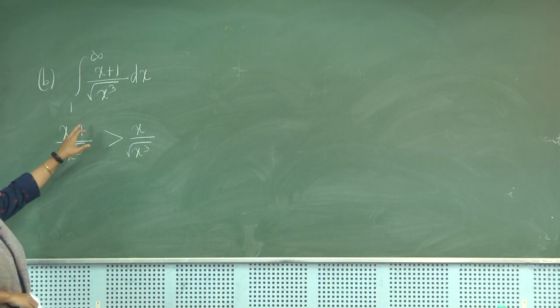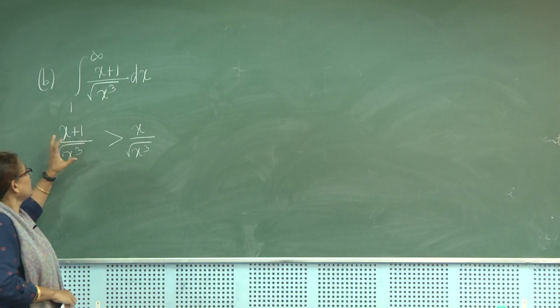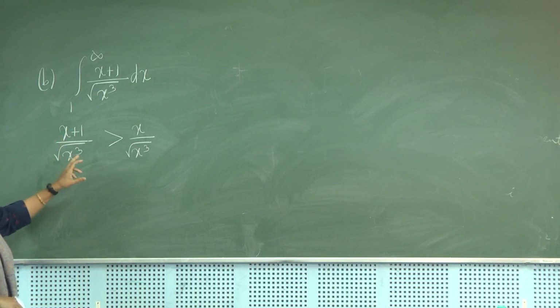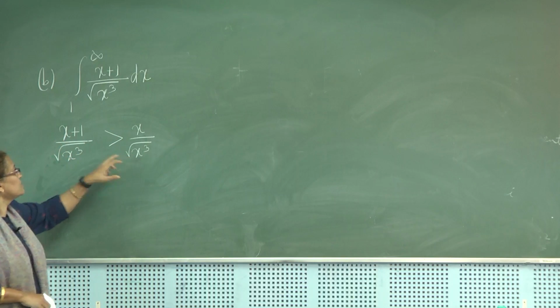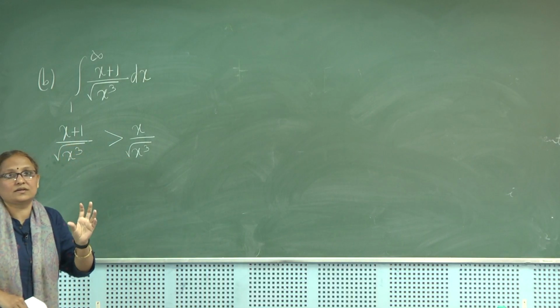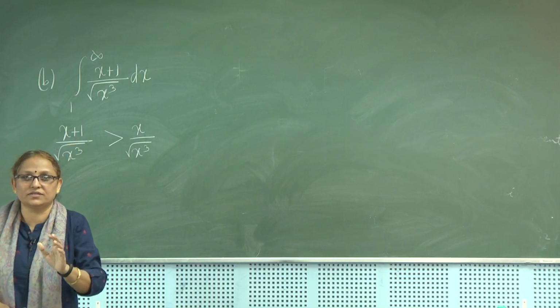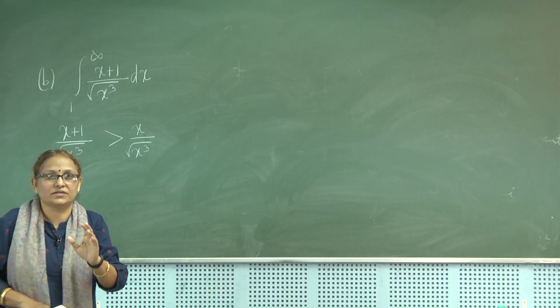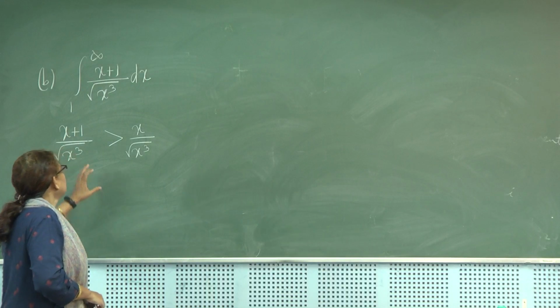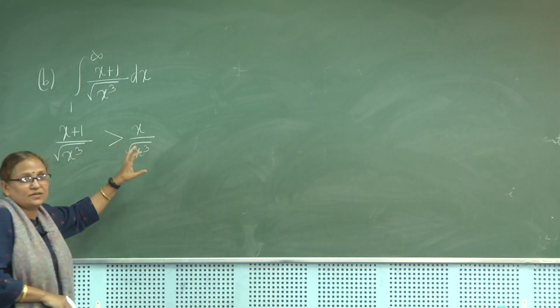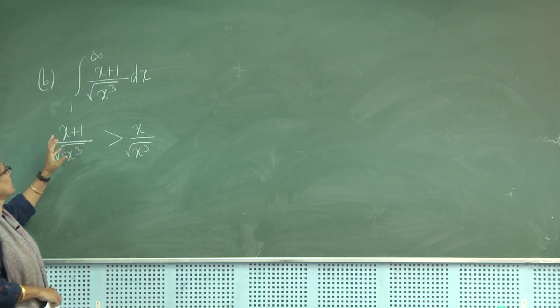So, on the left hand side we get x divided by square root of x cube plus a positive quantity. Therefore, we always get this inequality.